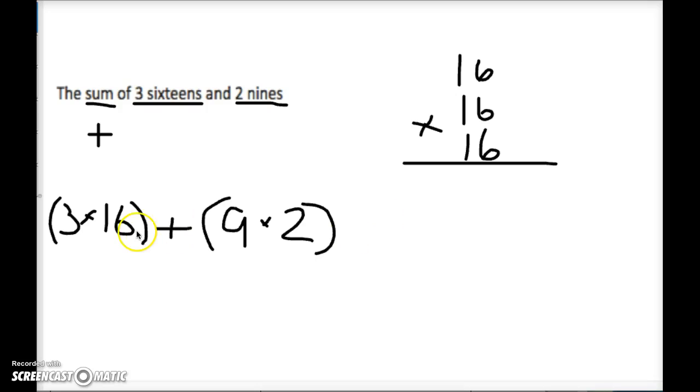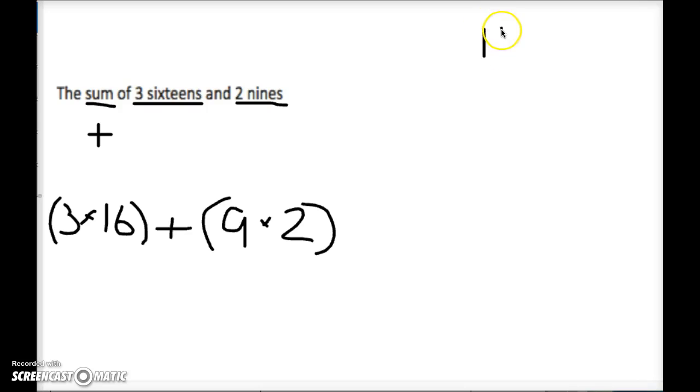To figure out the value, I really do need to figure out what 3 16s is. Okay, so I'm going to use a more efficient strategy of multiplying. So if I have 16 times 3, I'd have 48.